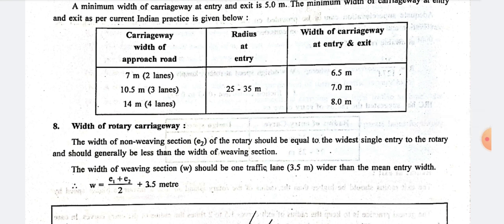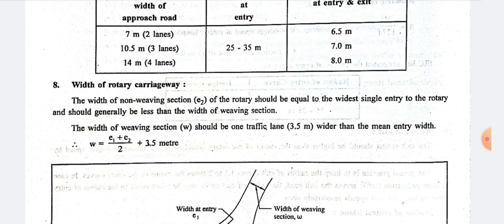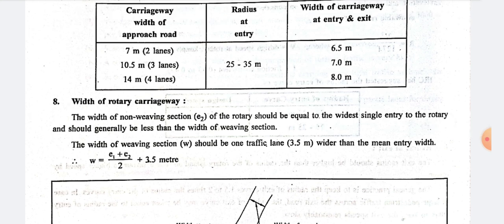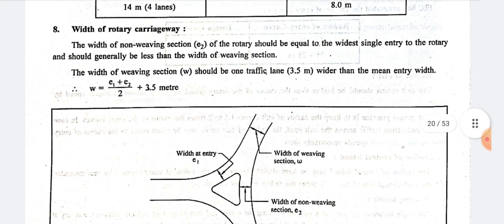If the carriageway width is 7 meters, meaning a two-lane road, the radius at entry is 25 to 35 meters, and the width of the carriageway at entry and exit is 6.5 meters. If it is a three-lane road, the radius at entry is 25 to 35 meters, and the width of the carriageway at entry and exit is 7 meters. And for a four-lane road, the radius at entry is 25 to 35 meters, and the width of the carriageway at entry and exit is 8 meters. Next, the width of the rotary carriageway.